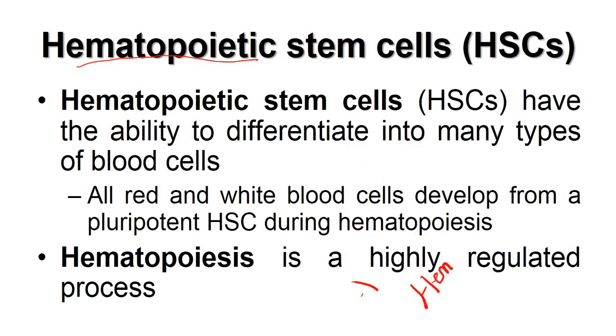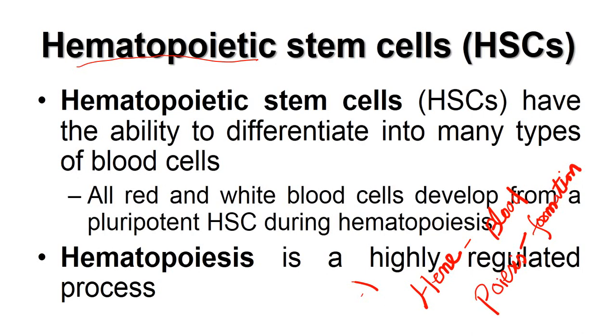Hem means blood and poiesis means formation. In very simple words, the term hematopoiesis means formation of new blood cells.